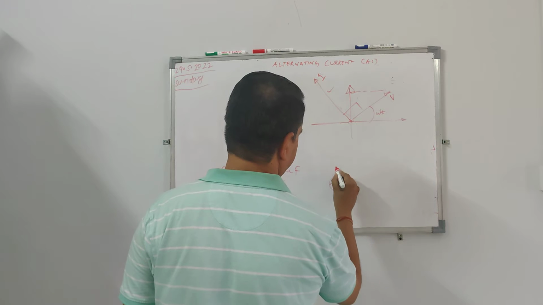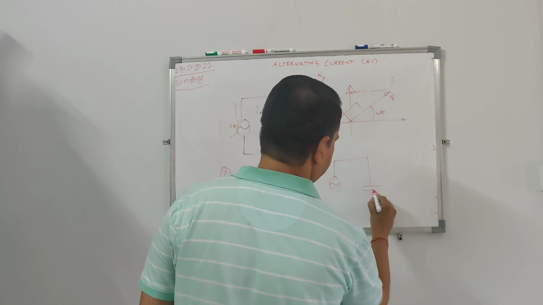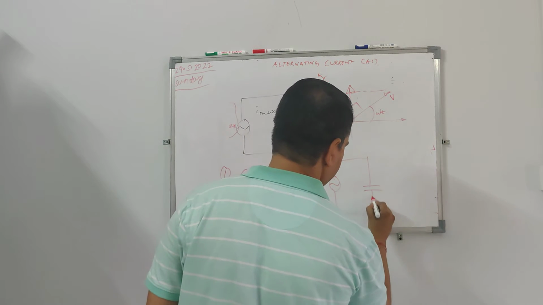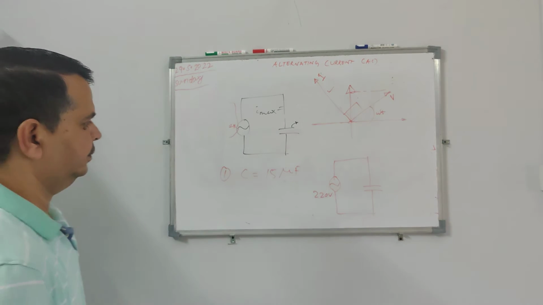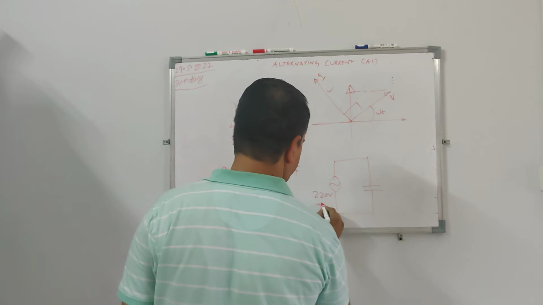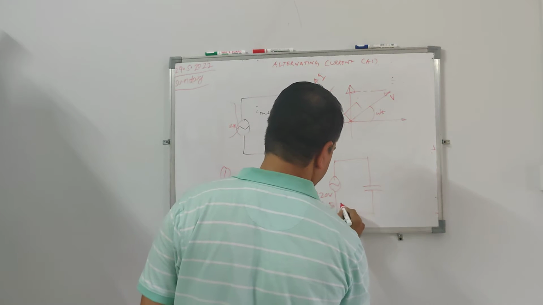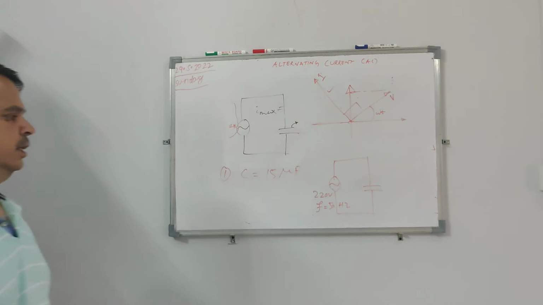Let me draw it. This is my capacitor, then this is the 220 volt source, with a frequency of 50 hertz. The capacitance is 15 microfarad.